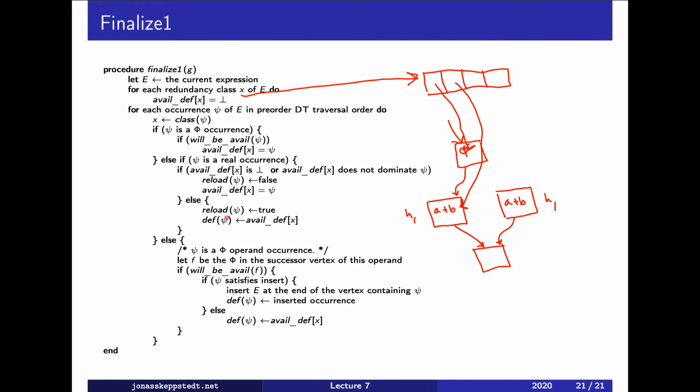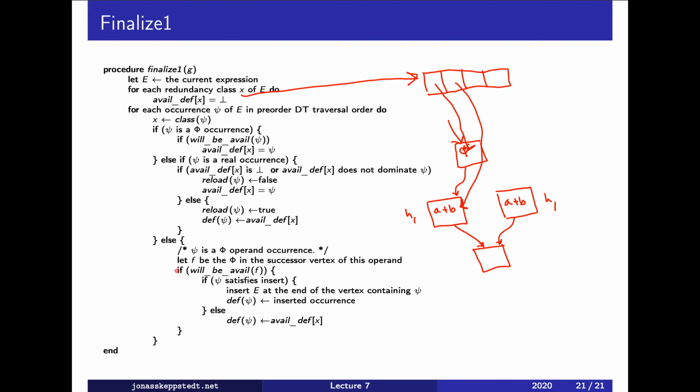Otherwise, we say that this occurrence should load the value from h instead of computing it, and we take as the definition where this occurrence gets its value from the pointer from the occurrence which defines this version of h.